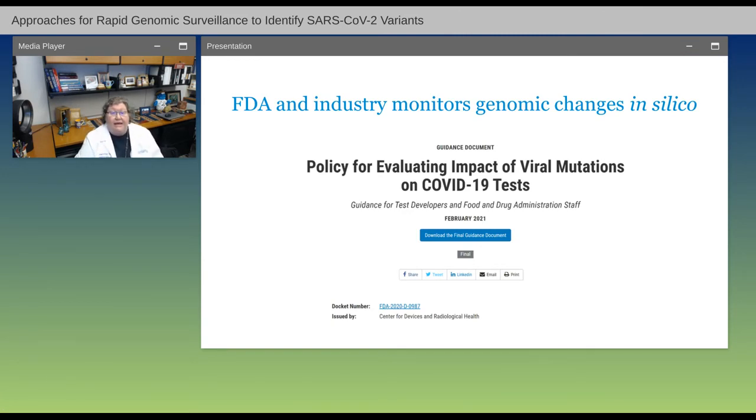The FDA also monitors the genomic changes in silico, and this is their website for evaluating the viral mutations and the impact on COVID tests. I would check in with this often, because if there are other variants that impact your test, they will be posted here.